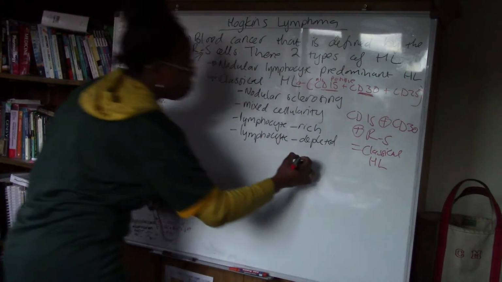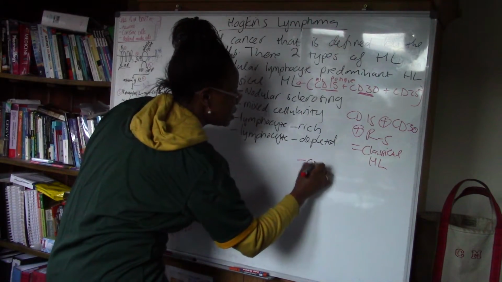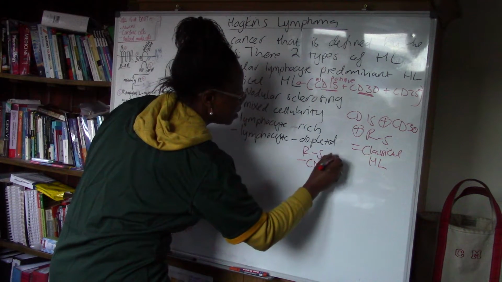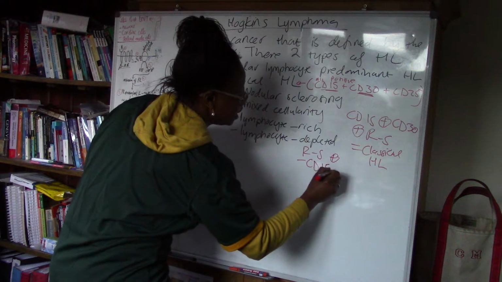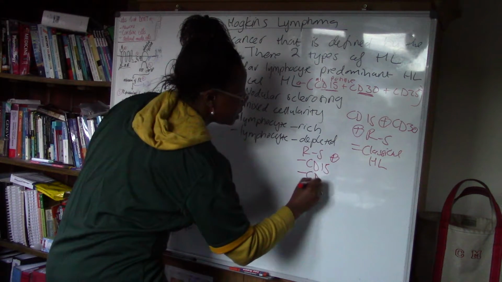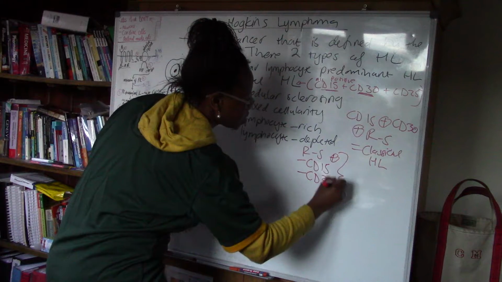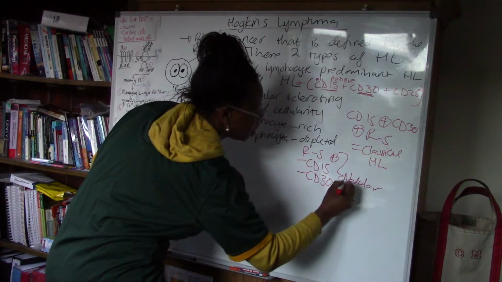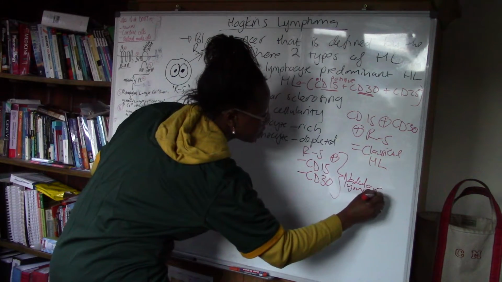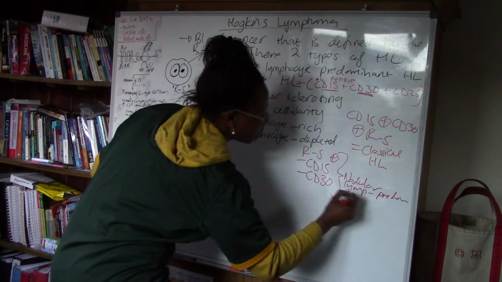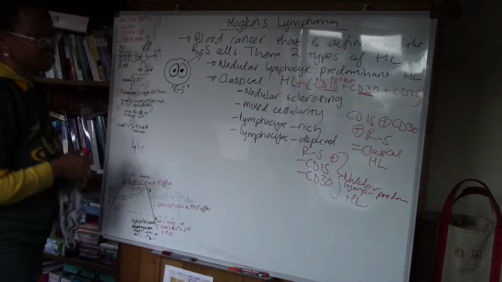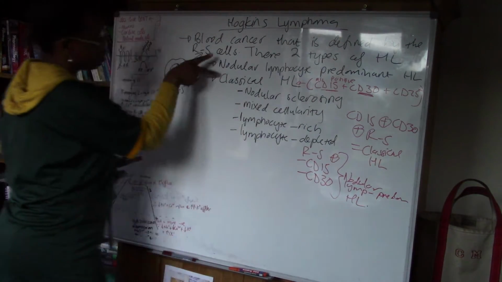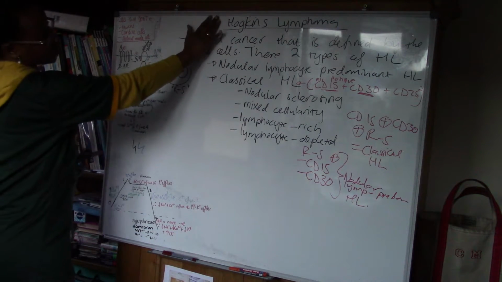If you have a Reed-Sternberg cell but it's negative for CD15 and also negative for CD30, it's nodular lymphocyte predominant Hodgkin's.